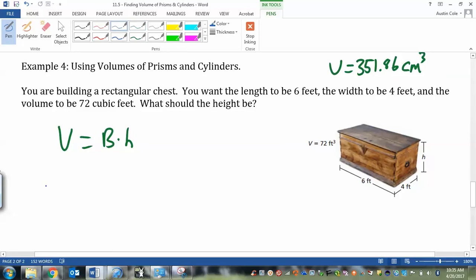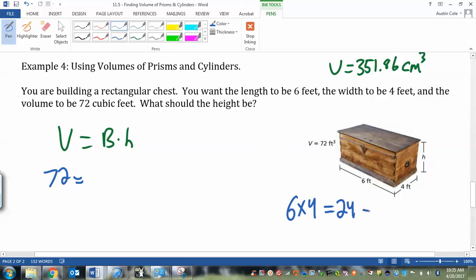We know the volume, we want it to be 72 in the end. Do we know the area of our base? Yes, we could figure it out. 24, right? Our base here is 6 by 4, length times width, that equals 24.